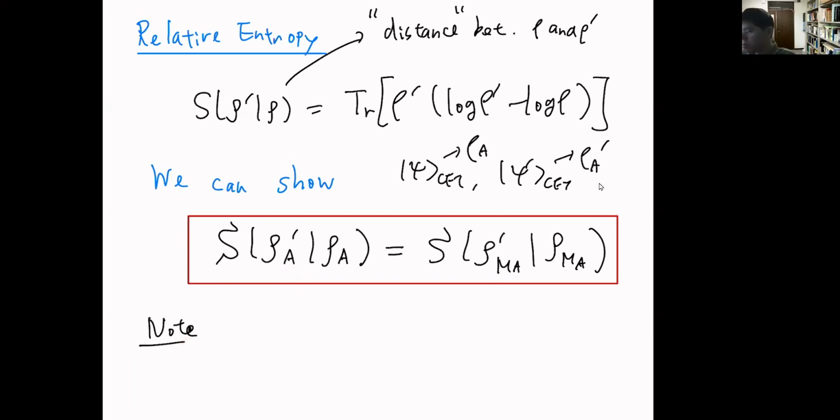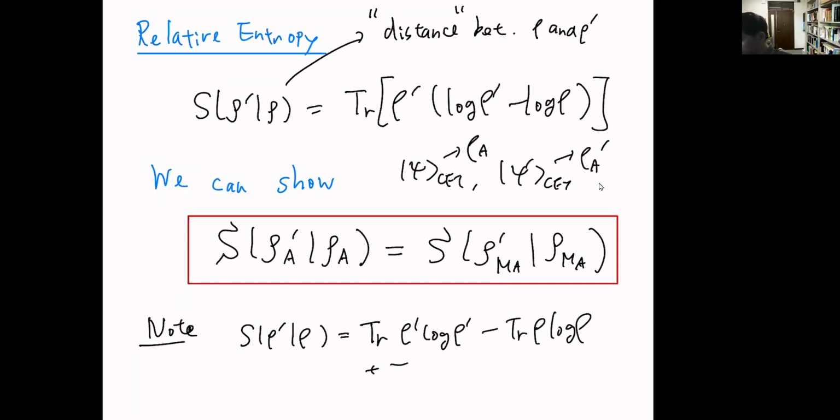To understand this formula, let's look at rho prime. There is a very nice connection of this quantity to free energy. We can rewrite this as the trace of rho prime log rho prime, and take this difference of von Neumann entropy. But this is an extra term, so we should erase this.